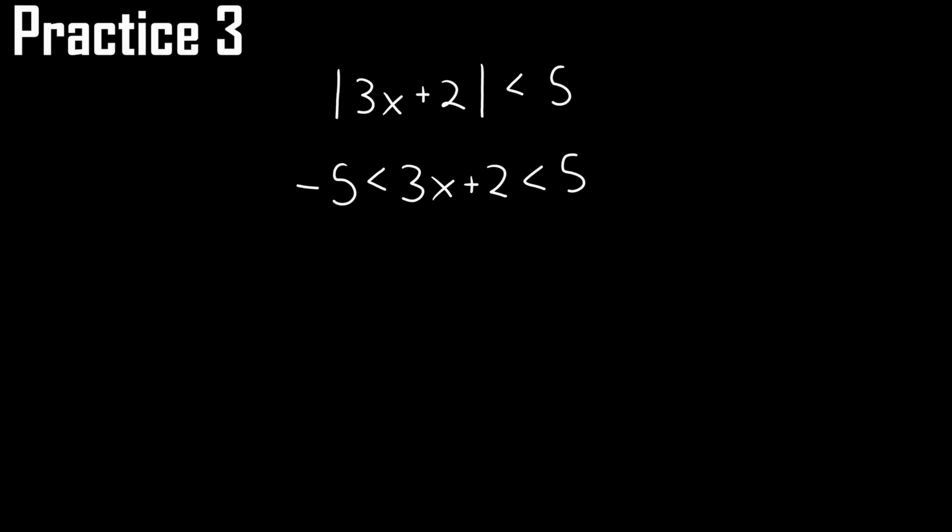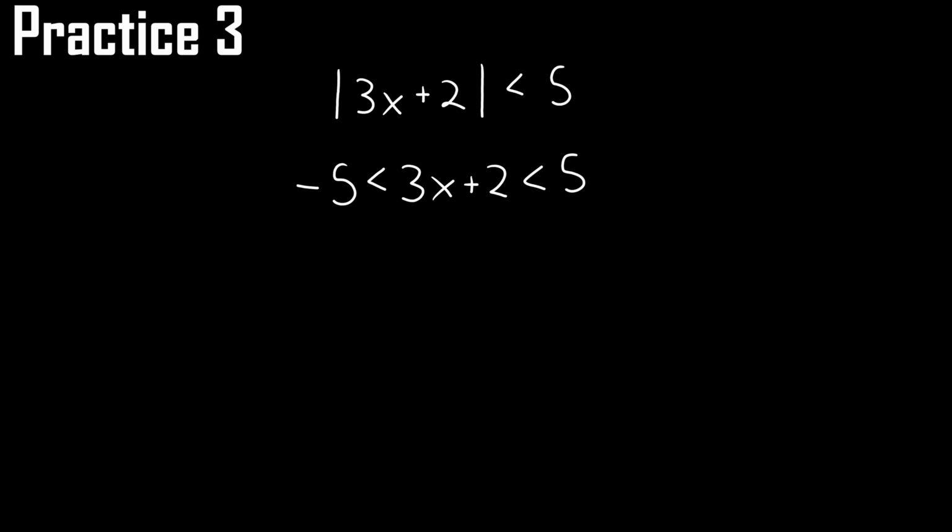So for practice problem 3, the last practice problem, we'll do a less than problem. So the absolute value of 3x plus 2 is less than 5. Since it's a less than inequality, we can do a compound inequality. So we're going to split it as negative 5 is less than 3x plus 2, which is less than 5.